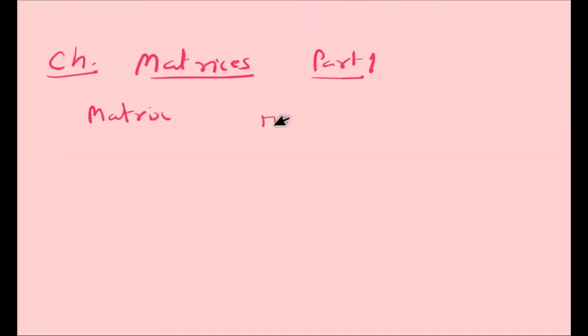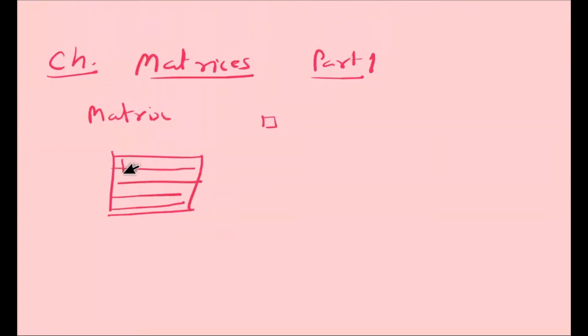This one is one matrix. If there are so many squares, this shape is known as matrices. Right, student?